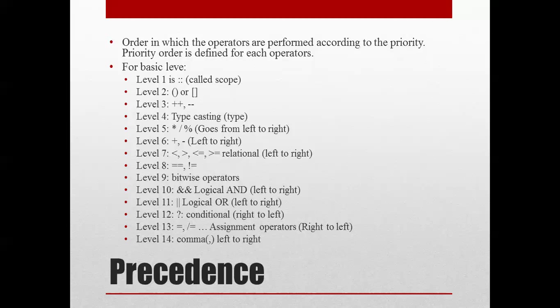Just refer to this sheet and you should be able to figure out what happens first when you do some calculation. But you can avoid vague calculations by using parentheses, which is always good. So just make a habit of using parentheses instead of just going with a long line and getting confused later on when you see the code yourself.